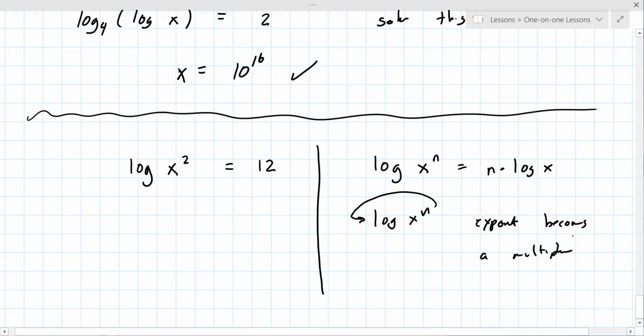This is just a property of these things, we don't need to discuss why this works. You just need to know that if you have a number as an exponent, it goes out in front. In the same way, if it's out in front, you can bring it in as an exponent. But on the problem on the left here, this 2 comes out in front. So this becomes 2 times log of x equals 12.